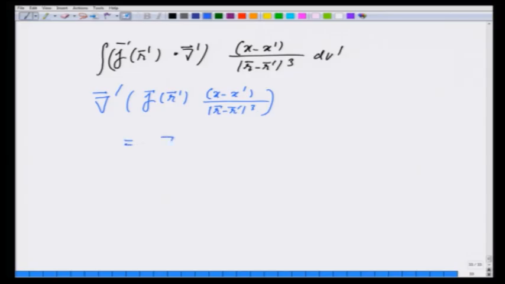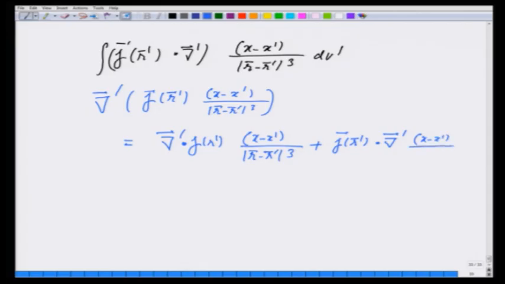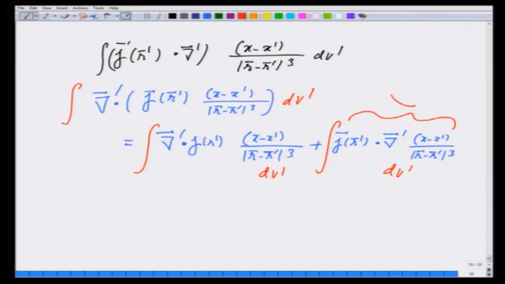This is equal to divergence of j r prime x minus x prime over r minus r prime cubed plus j r prime dot del prime x minus x prime over r minus r prime cubed, the divergence. If I integrate both sides with respect to dv prime, this is what I get. Notice that this term is precisely what I want.